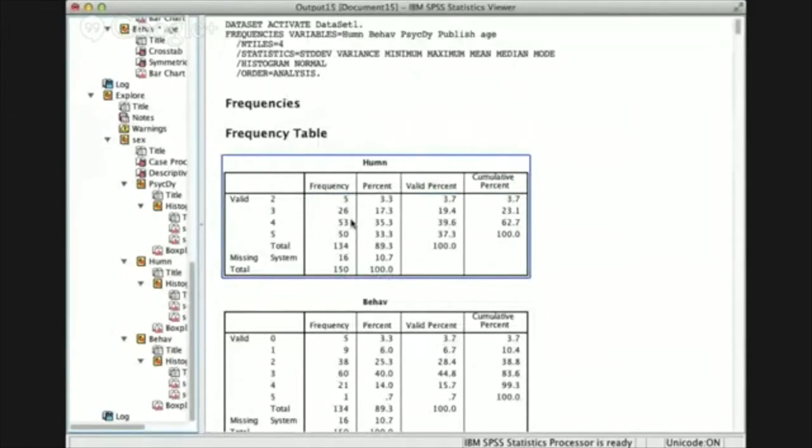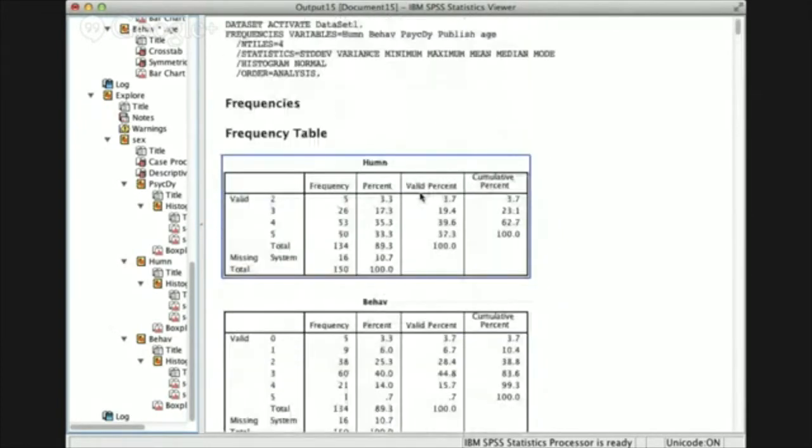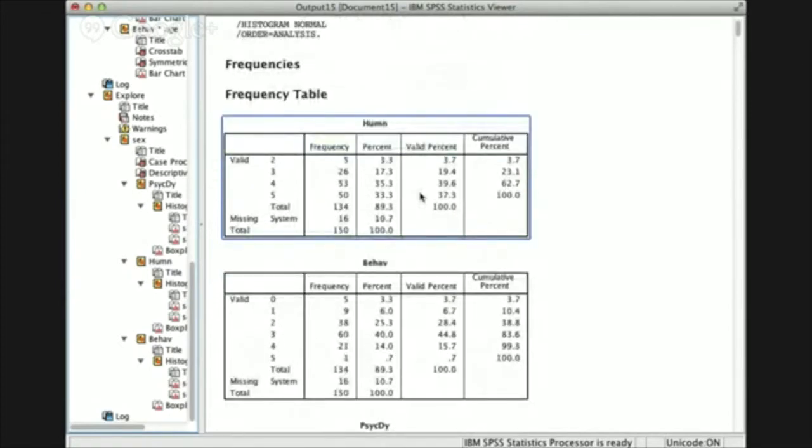To start off, I also ran frequencies. I wanted to see the mean, median, and mode, and also how many observations we actually had missing. Out of the 150, there were 16 missing. Most of them were females because there was not enough information to look at the females who were villains, mainly because we couldn't think of too many.